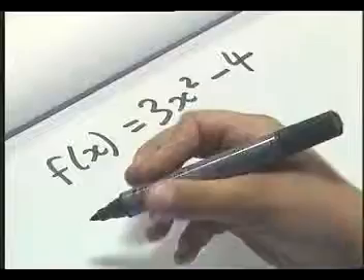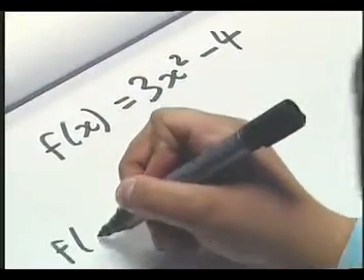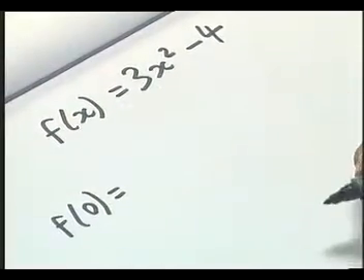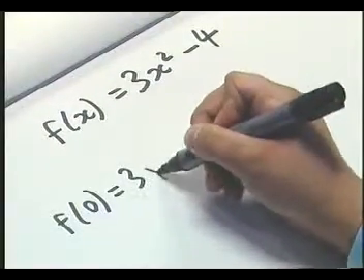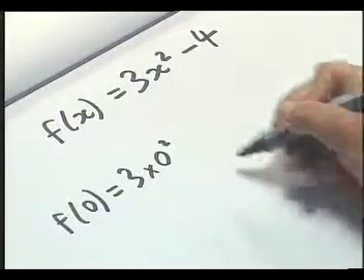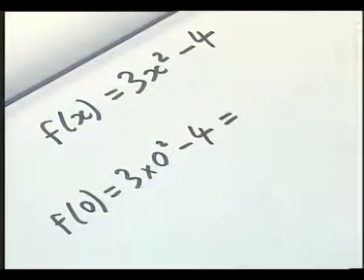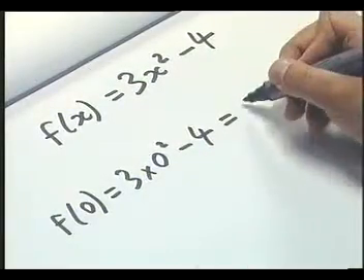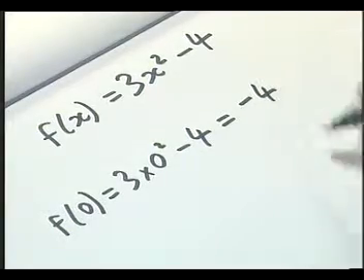Now, we can choose different values for our argument, which is often a good place to start when we get a function like this. So, f of 0 will give us 3 times 0 squared, take away 4, which is 0 minus 4, which is just minus 4.